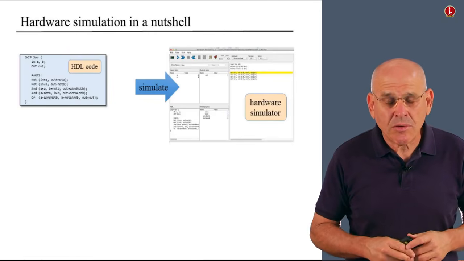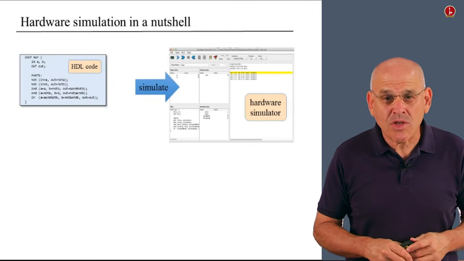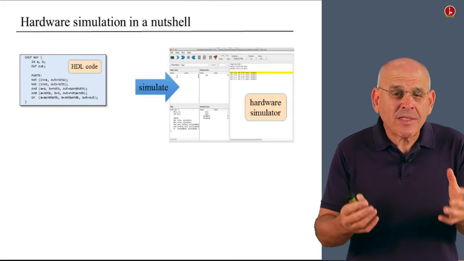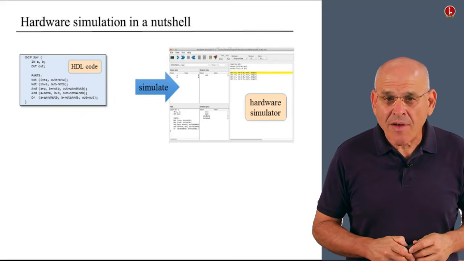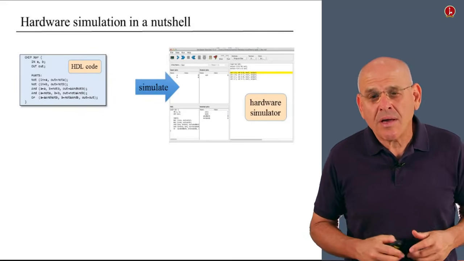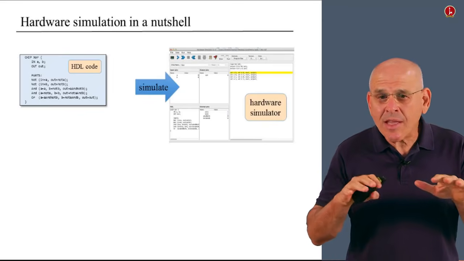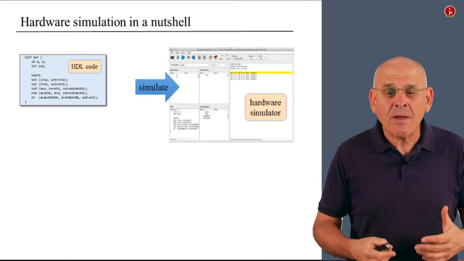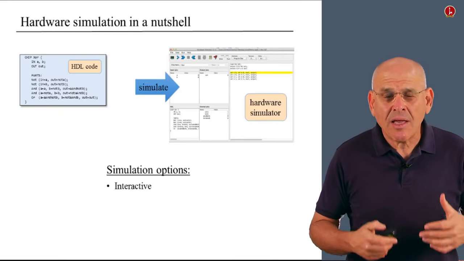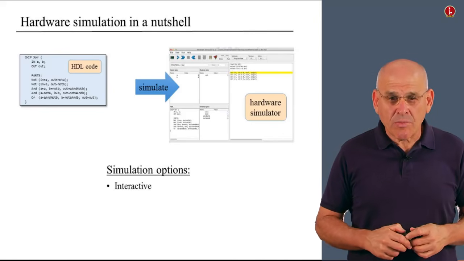This program happens to be written in Java, and it is designed to simulate and test HDL files. So we load it into this program. We interactively test all sorts of operations on this chip, and we call this mode of testing interactive simulation.